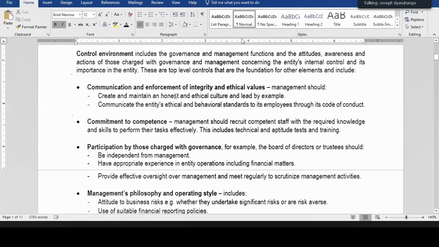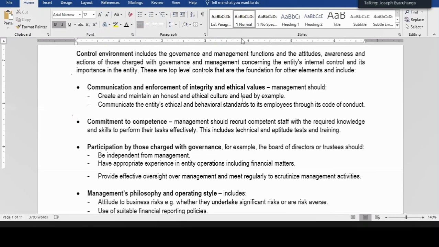How does the company communicate and enforce integrity and ethical values? In other words, does the MD create and maintain an honest and ethical culture? Of course, this should be the board and top management. Do they maintain an honest and ethical culture and lead by example? If you say don't steal, then you are the manager, the CEO, you should not be stealing.